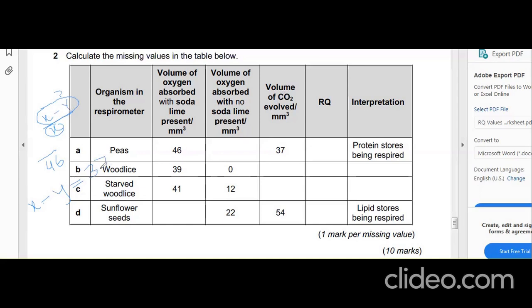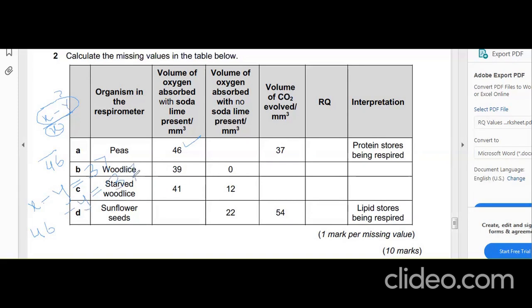So X minus Y is equal to 37. The X value is already given as 46, so I put it here: 46 minus Y is equal to 37.